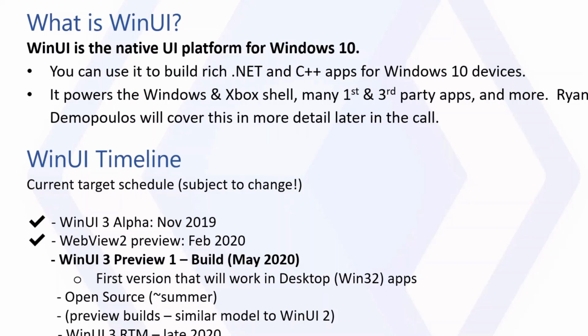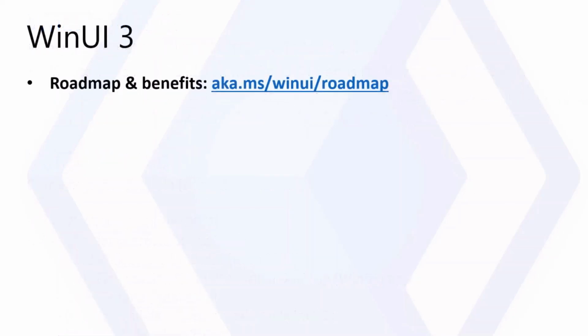Our next release will be around Build in May, and we are then hoping to release our WinUI 3 Preview 1. This is going to be the first version that works in desktop or Win32 apps. That's going to be really exciting for a lot of you who work with Win32, as you're finally going to be able to get your hands on some bits to play with. As for our full release to market, that's still scheduled for around late 2020.